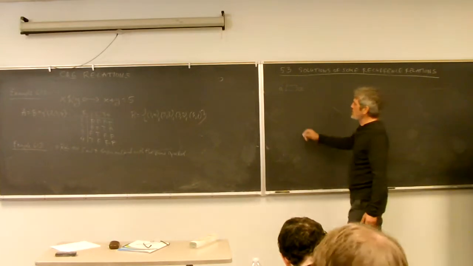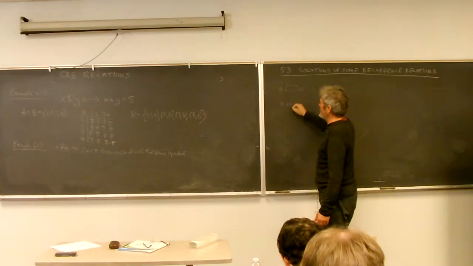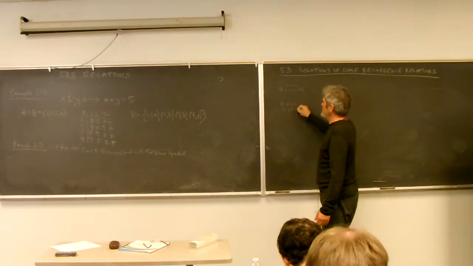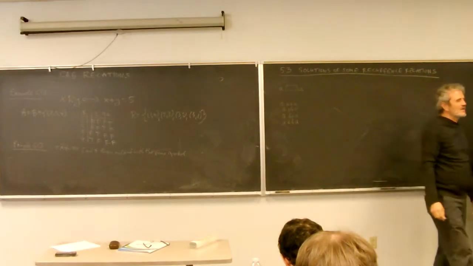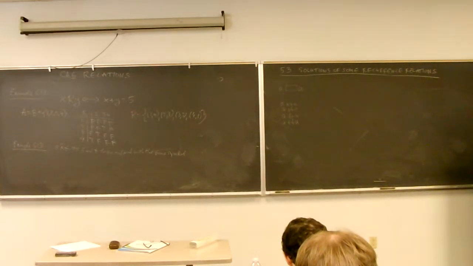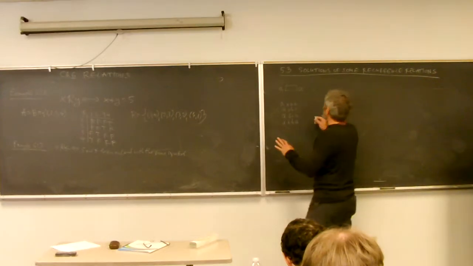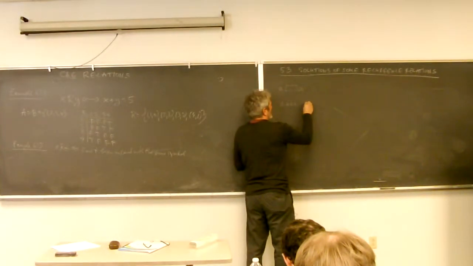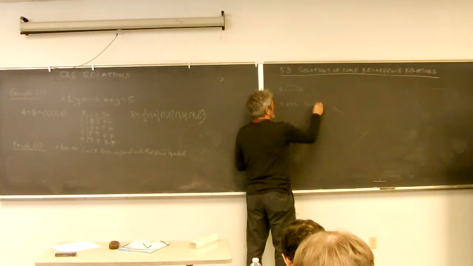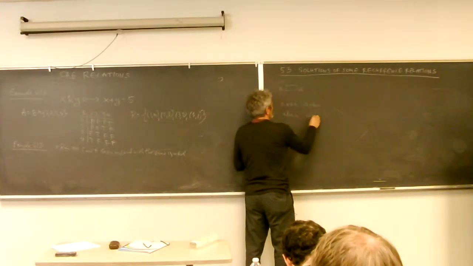So here is A, and then all four: A, A, B, A, A, A, B, A, and A, B, B, A. So these are all four words that begin and end with A. Although I didn't write them nicely, sorry. They shouldn't be in a line. It should be a little square.